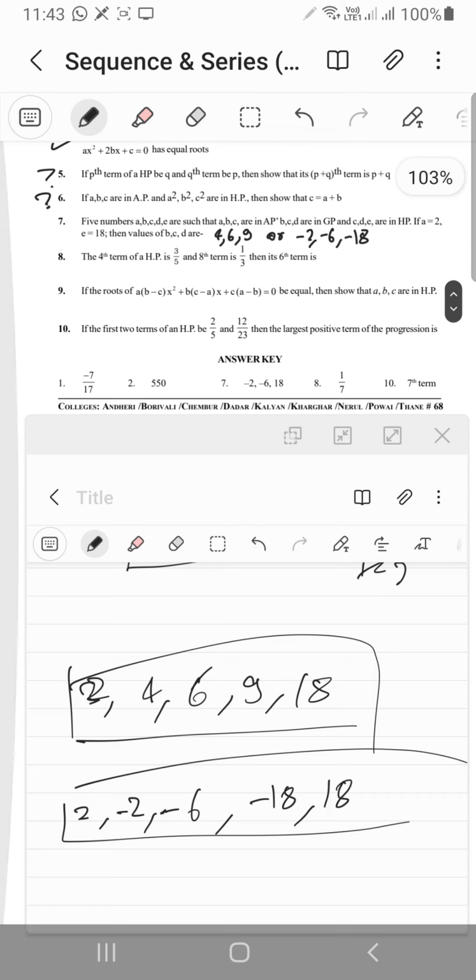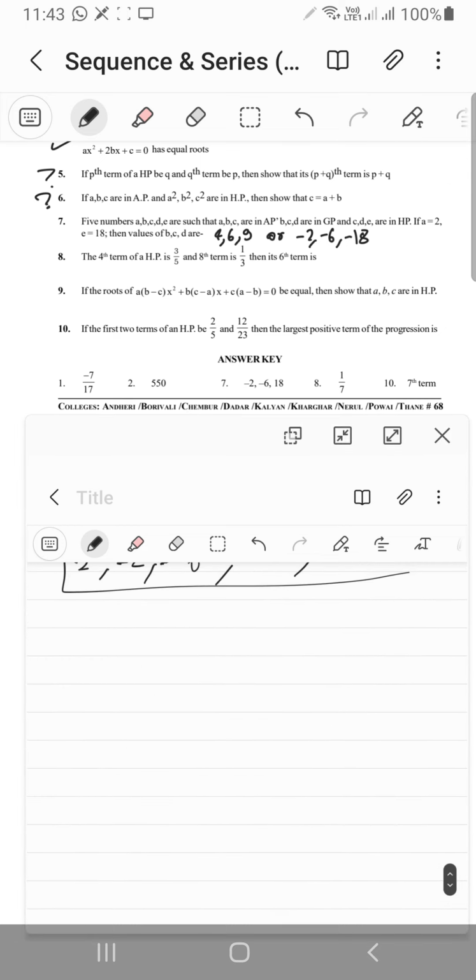Okay, cool. The fourth term of an HP is 3 by 5, and the 8th term is 1 by 3, then its 6th term is. So the corresponding AP has 4th term as 5 by 3, and 8th term as 3, and the 6th term is just the mean of these, right?